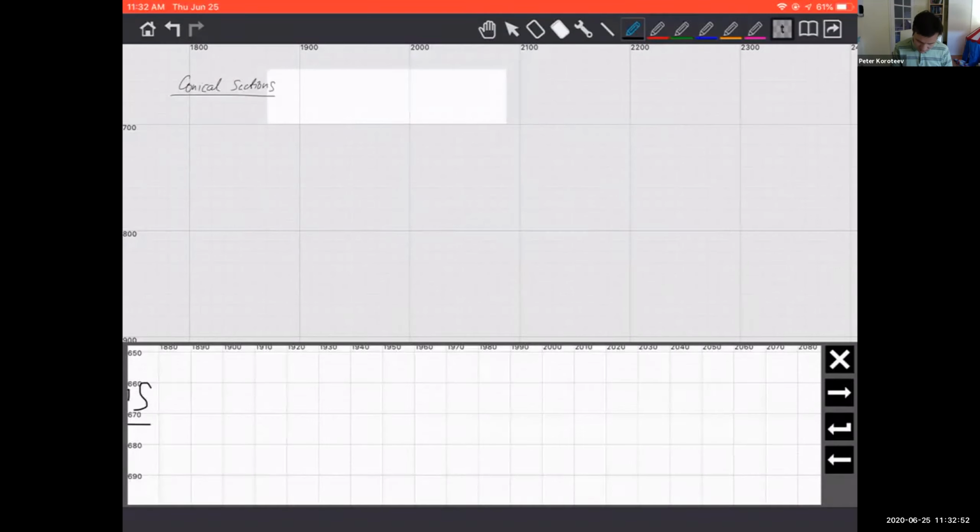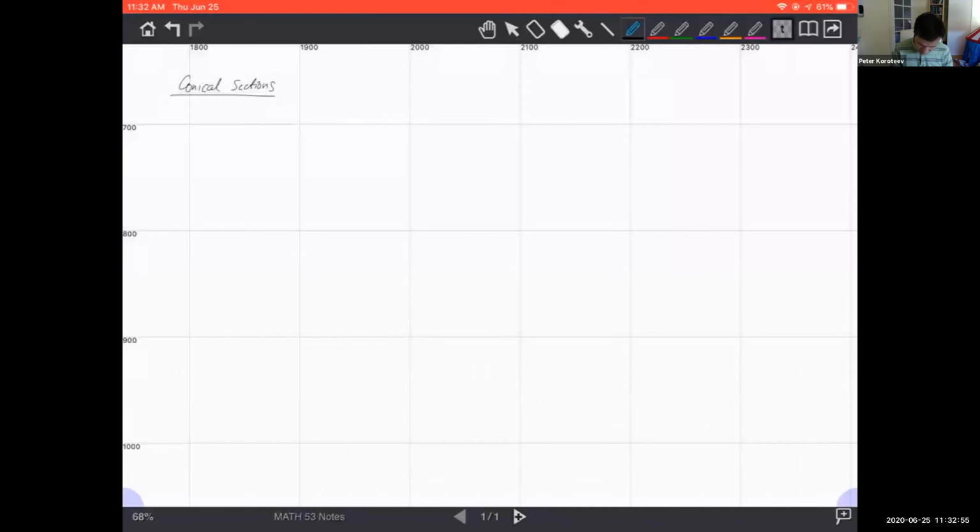So what is a cone? You should think about it like this. It looks like a sandwich, a kind of double cone thing, which is infinite. It's a three-dimensional surface. I show a finite slice of it, but you should actually think that it stretches all the way to infinity.